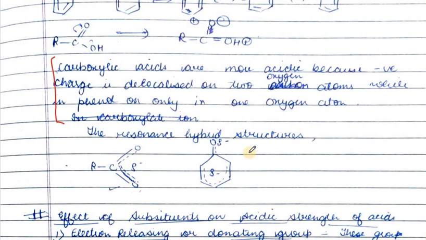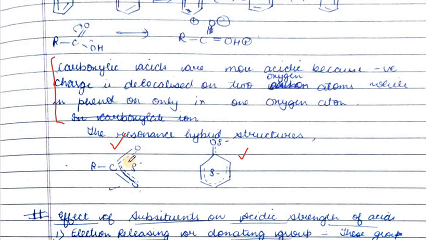Phenol gives phenate ion thus, and carboxylic acid gives carboxylate ion thus. In the phenate ion only one oxygen is present, but in carboxylate ion two oxygens are present. So in this there is one electronegative atom, and in this two electronegative atoms are present.